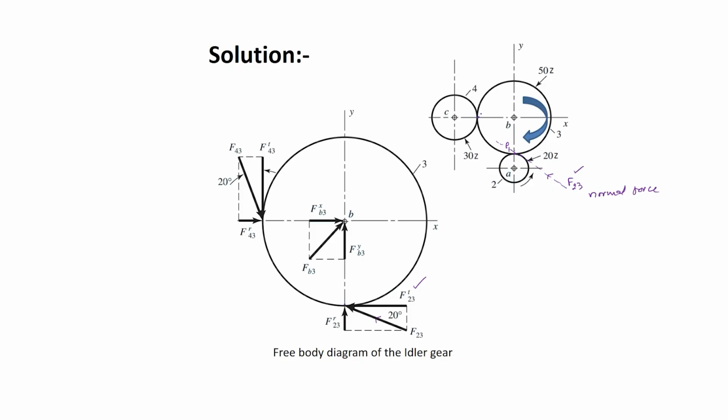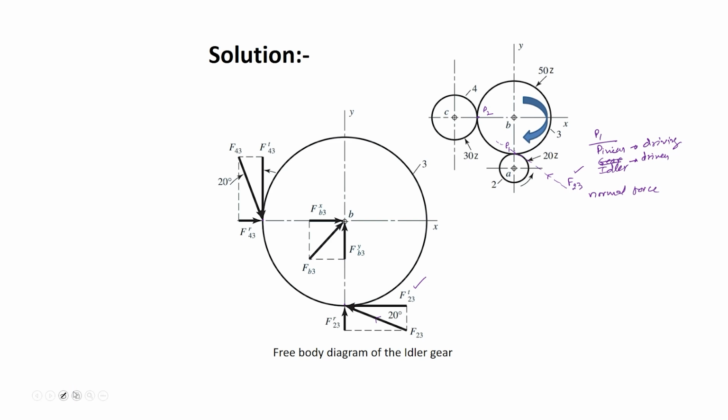At this pitch point, which is P2, what will happen is, now the idler will become the driving member, and this will become the driven member. Here, at P1, the pinion is driving and the idler is the driven member.